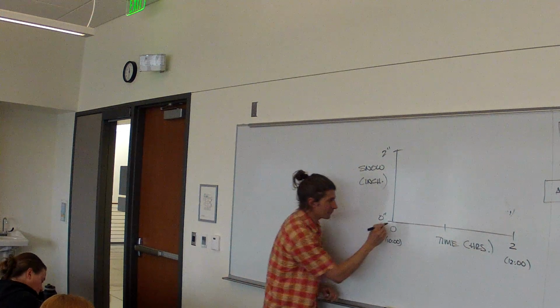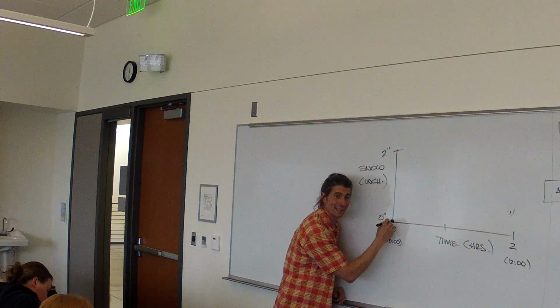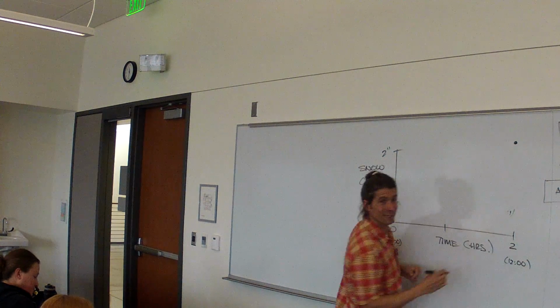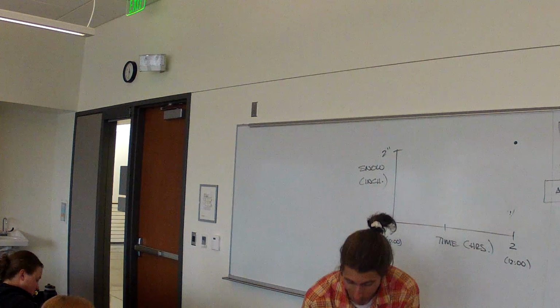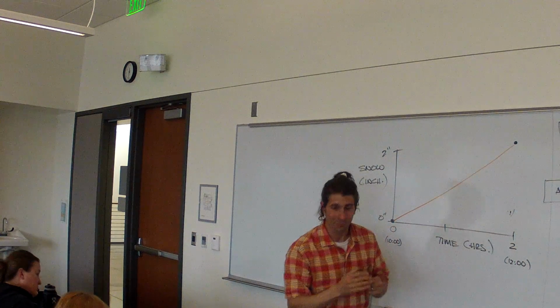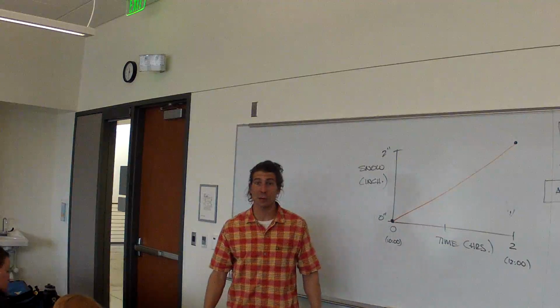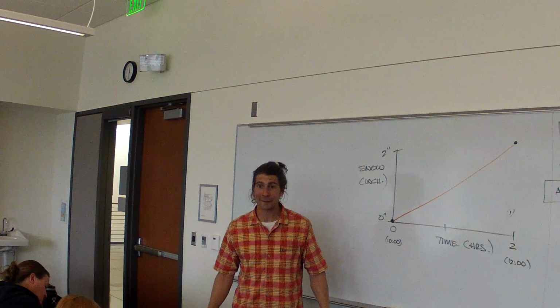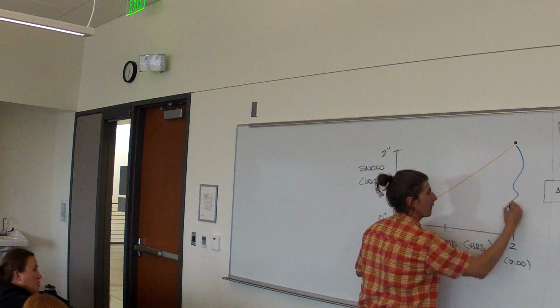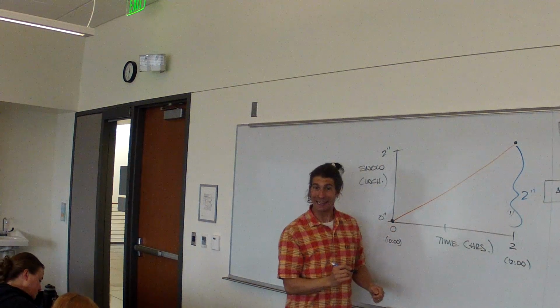So I went in and I collected my first data point. I came out and I collected my second data point. And connecting those 2 data points, since there's only 2 of them, I get a perfect fit line, don't I? I get a perfect fit line. The rise on that perfect fit line was 2 inches.